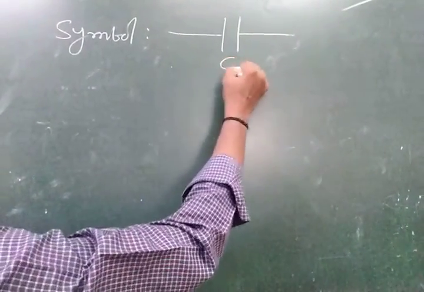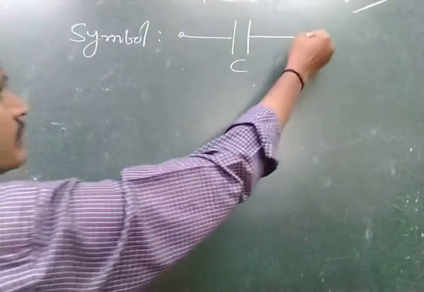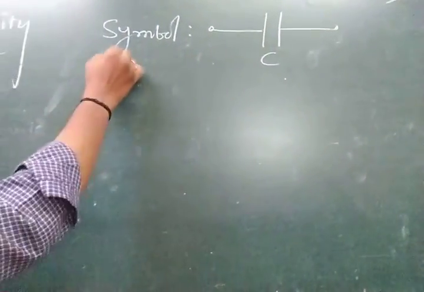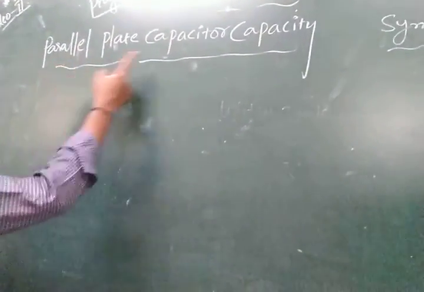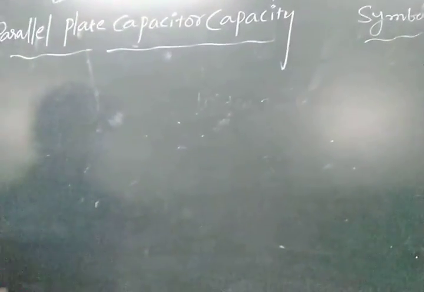So this is a capacitor with capacity C. This is the symbolic representation in the circuit. Here, how can we measure the parallel plate capacitor capacity value?